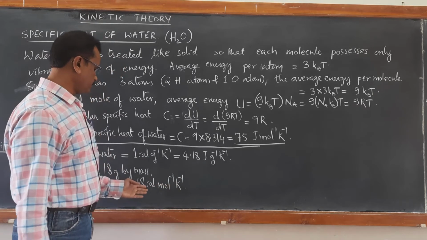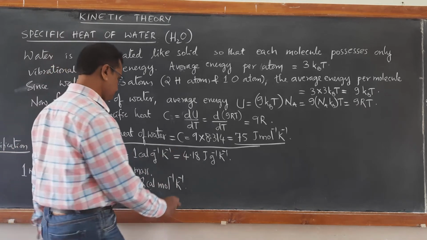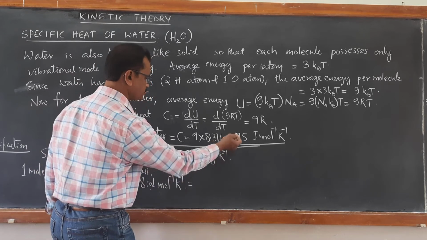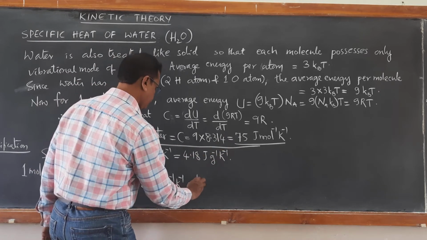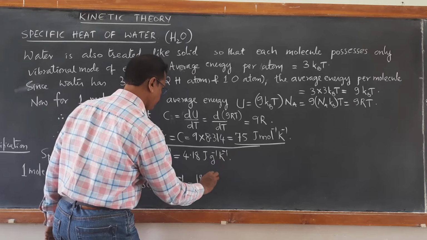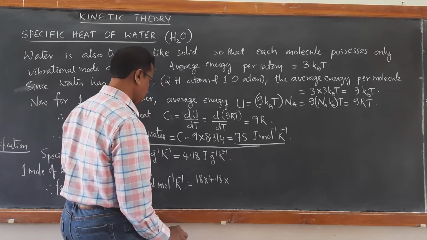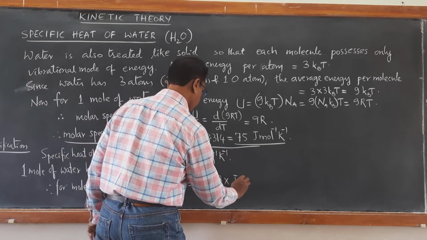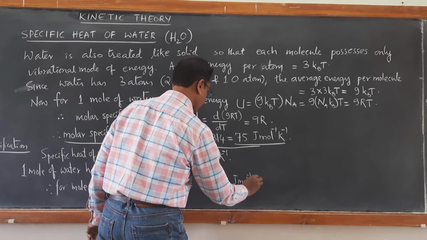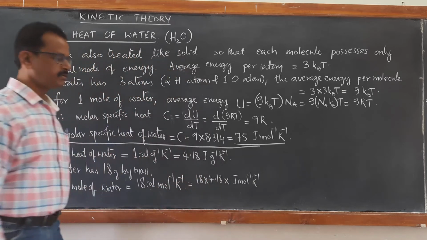If you convert calories into joules, you get 18 into 4.18 joule per mole per Kelvin.